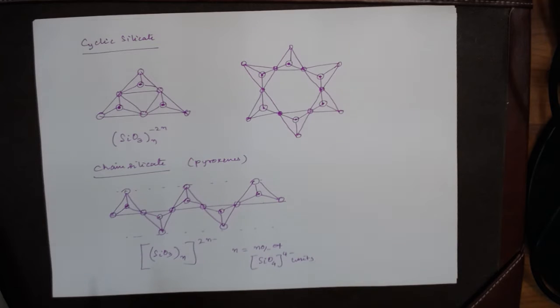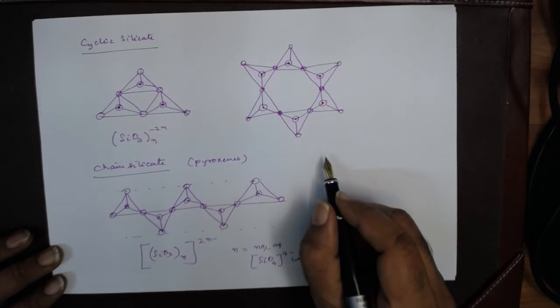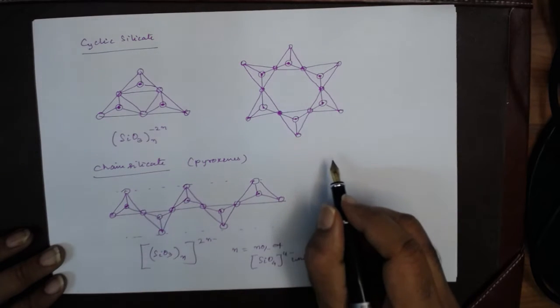And then the structure of double chain silicates. Like in the case of asbestos, it is fibrous. So fibrous silicates. It's called double chain silicates.